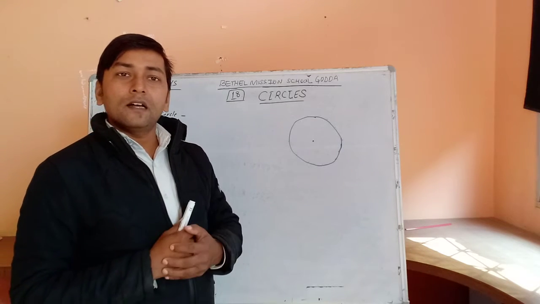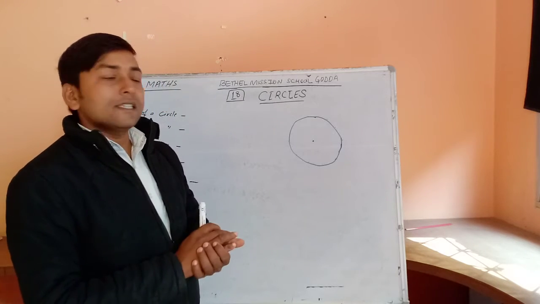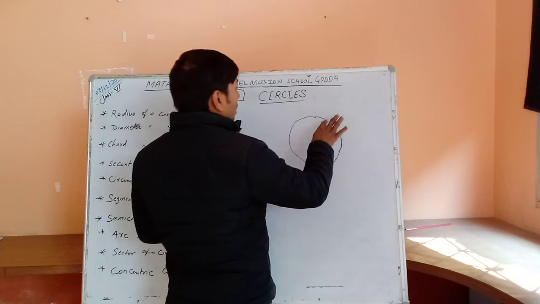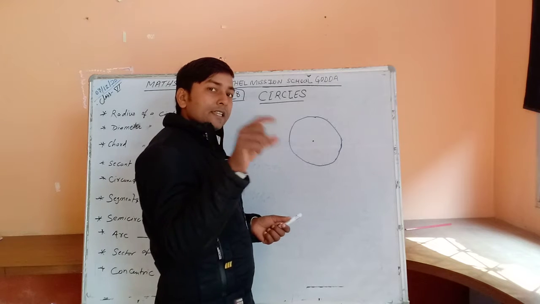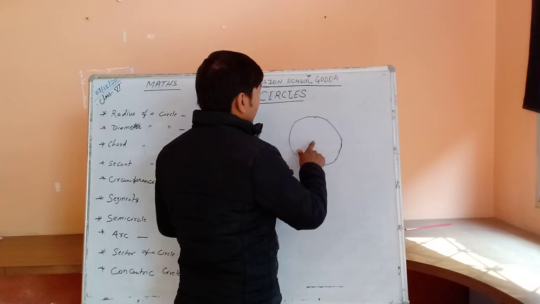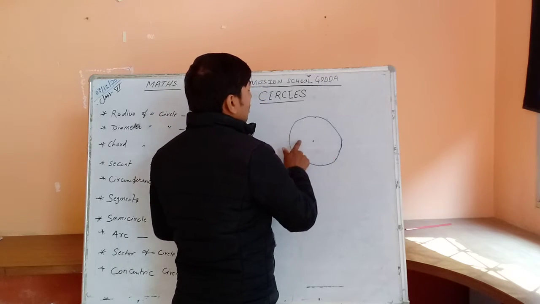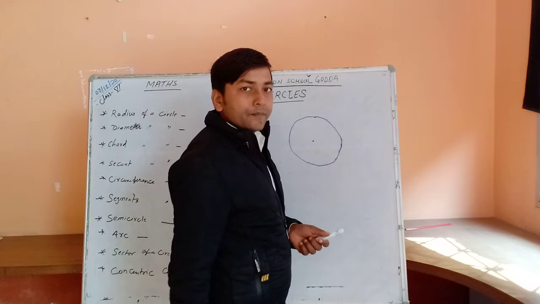So what is the circle? Circle is a collection of all the points whose distance from a fixed point is always the same.